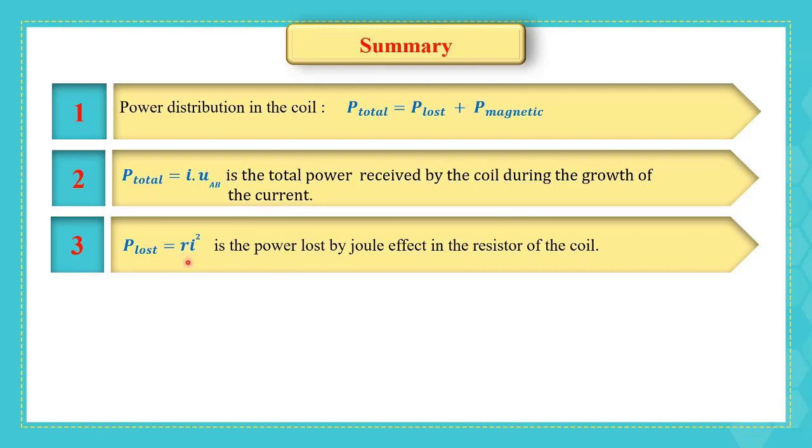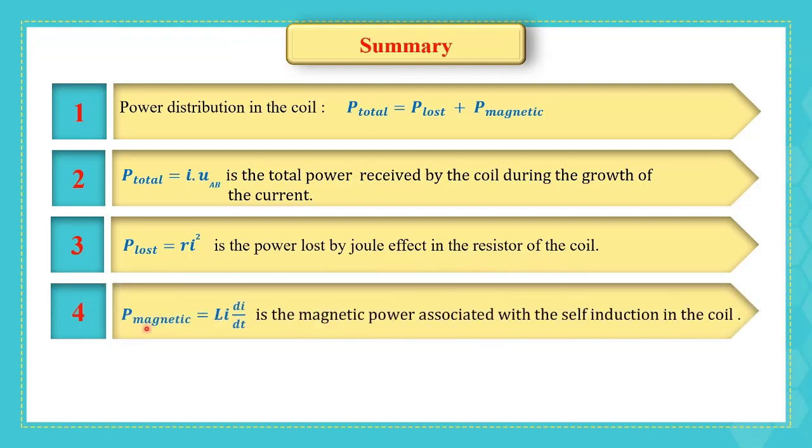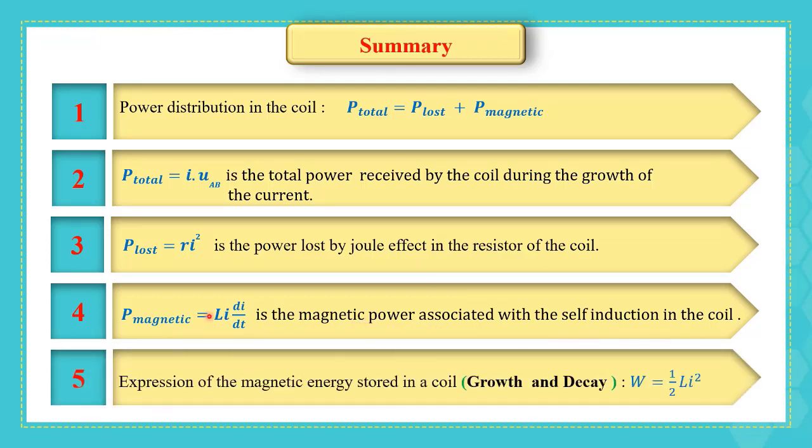P lost equals R i squared, the power lost by Joule effect in the resistor of the coil, and P magnetic equals L i di over dt, the magnetic power associated with the self-induction in the coil. The expression of the magnetic energy stored in a coil, growth or decay, is W equals half L i squared.